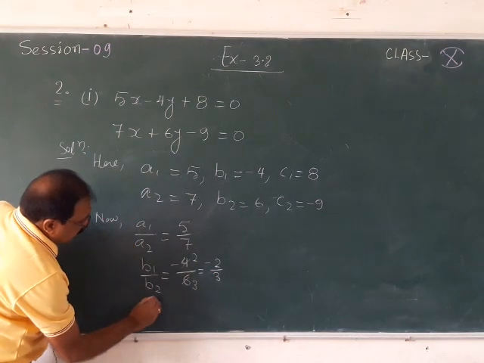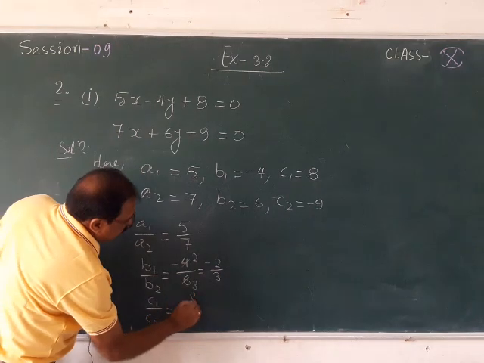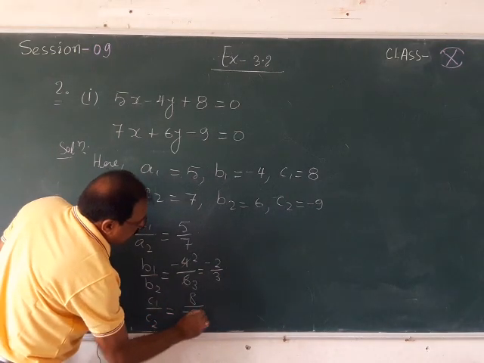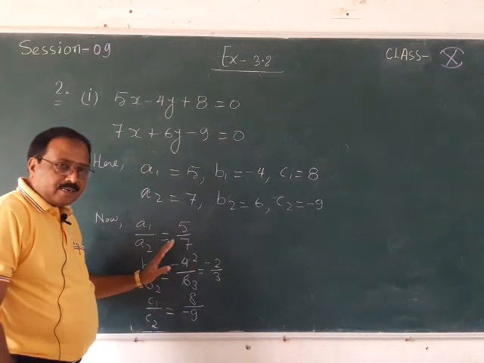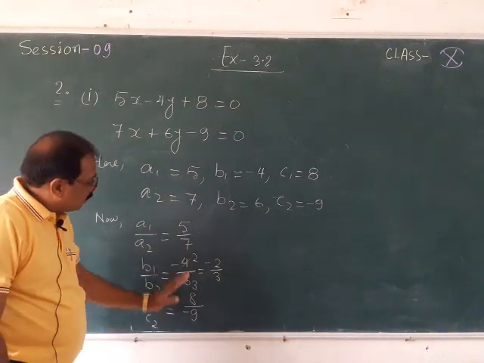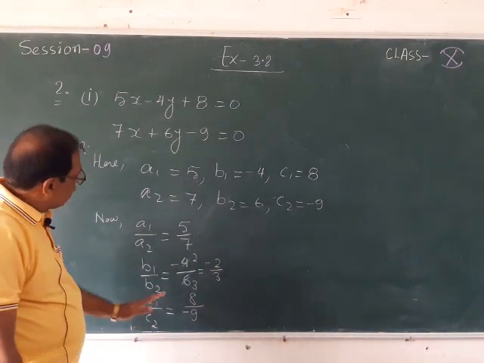Then here C1 by C2. Here C1 is 8 and C2 is minus 9. Now you can see that whatever fraction you are getting is in its lowest terms. If you can cancel the numbers, you can cancel them, there is no restriction on cancelling.